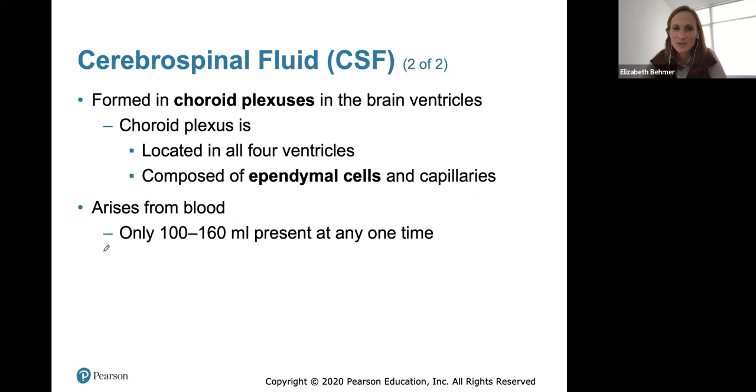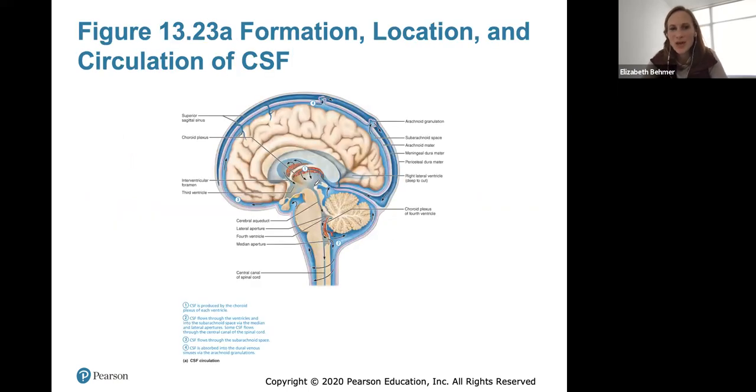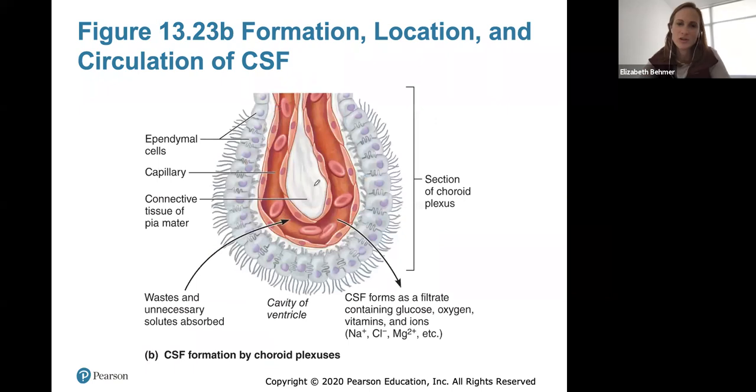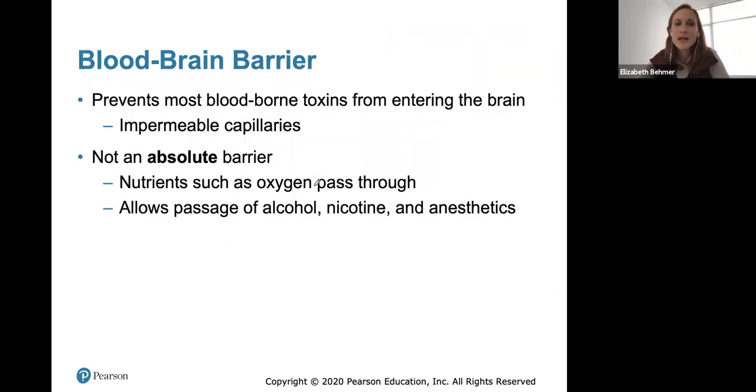It's formed in the choroid plexus, which is composed of ependymal cells, and it arises from blood. So this is the formation, location, and circulation of cerebrospinal fluid coming from the choroid plexus and then traveling through the ventricles. The blood-brain barrier prevents most blood-borne toxins from entering the brain. It's not an absolute barrier because some things can still pass through.